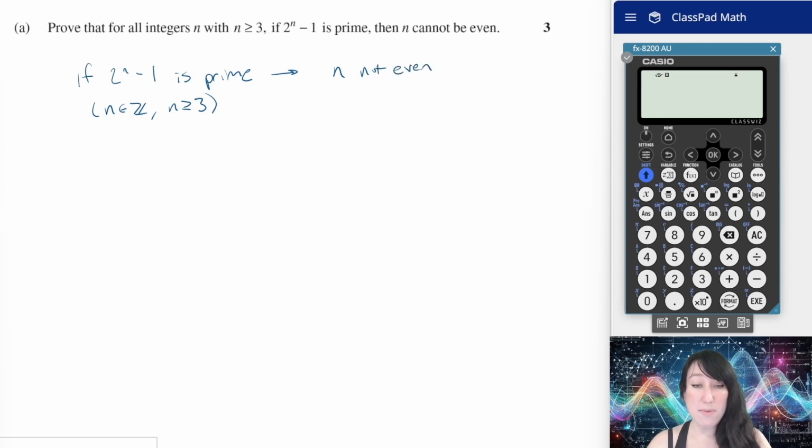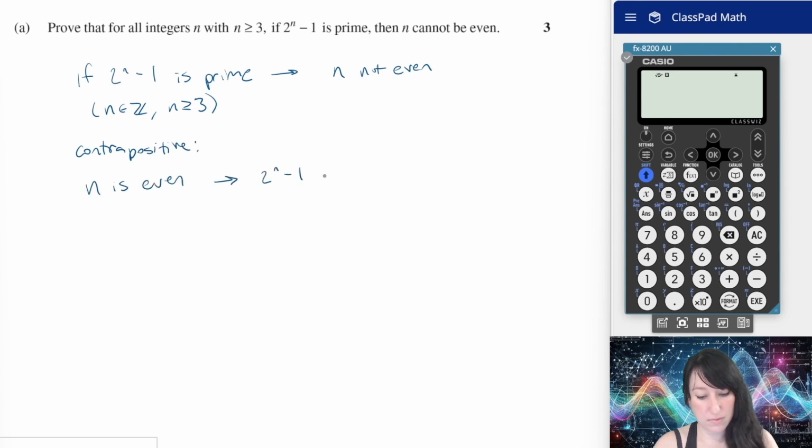Now, this statement seems a little bit difficult to prove going forwards. Perhaps the contrapositive would be easier to work with. And that's because it's easy to start with an even number and then see what happens to it in an expression like 2 to the n minus 1.